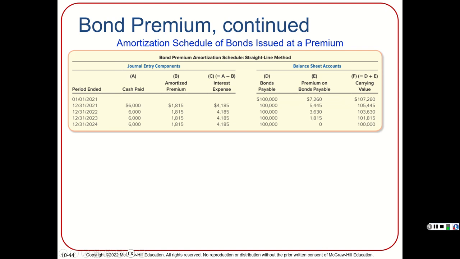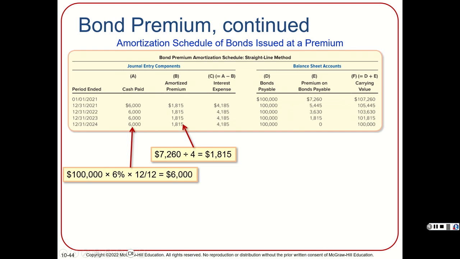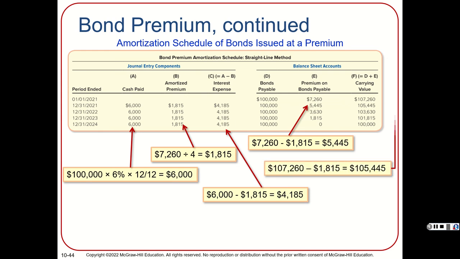So as each year the premium on the bonds payable decreases to zero, and then when the bond matures, they're paying out just the $100,000. All right. So you'll notice that the carrying value of the bonds actually goes from the 107 down to 100. So when the premium is gone, then all that's left is the face value of the bonds.